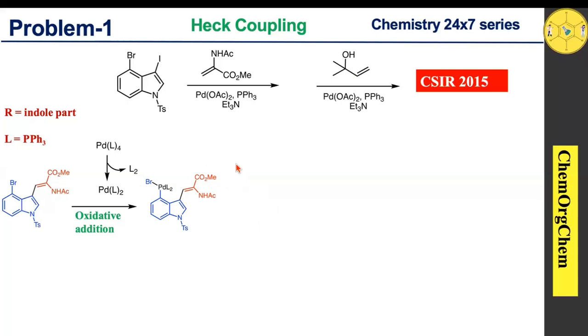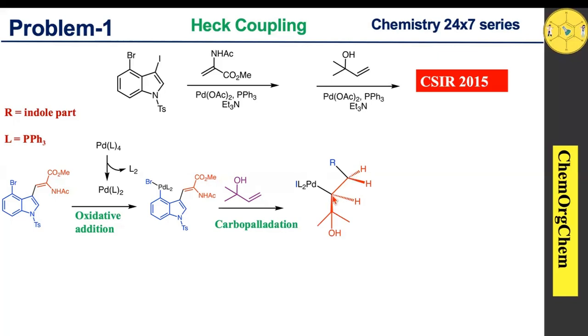Now this palladium complex reacts with this alkene by carbopalladation to produce the corresponding complex. Here you should note that the palladium part as well as the indole part both insert into this alkene by syn addition. For convenience, this indole part we can name as R.